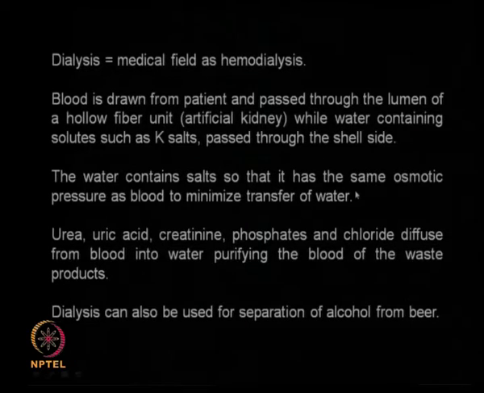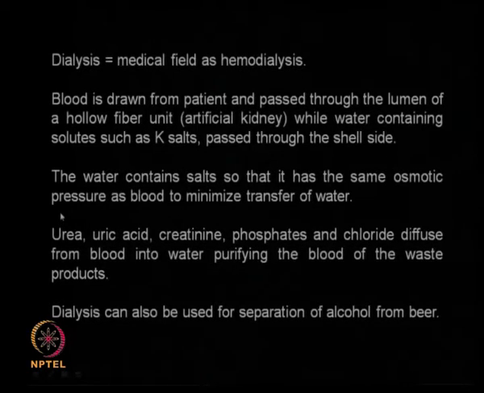Otherwise what will happen? If there is an osmotic pressure difference, water will start flowing into the blood. You do not want that to happen, understand. That is why you do not just pass water on the outer side of the fibrous membrane, you also have salts so that the osmotic pressure is balanced and there is no water ingress into the blood.